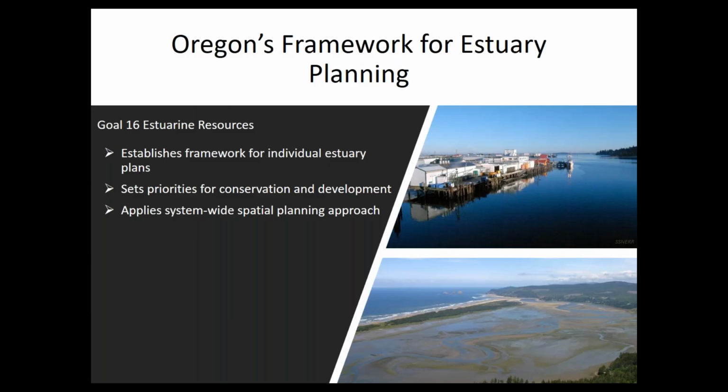Oregon's framework for estuary planning, Goal 16. Goal 16 basically gives you the framework for how estuary plans need to be developed. It sets priorities for conservation and development and applies system-wide spatial planning approaches. In Goal 16, there are three different sets of areas. There are natural areas, which have little to no development in them.